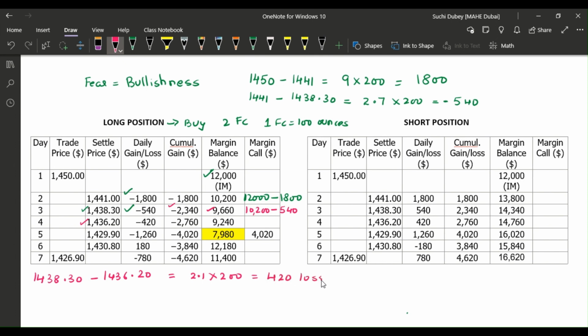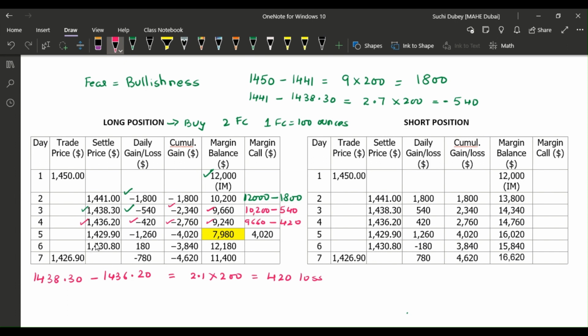Again, this is a loss because prices are coming down. So how much is the cumulative? 2340 plus 420, which will give you this value. On what basis did I get this 9240? Simple. What was your account balance? 9660 minus the loss that came to you, 420. If you subtract this, you are going to get this answer, 9240.